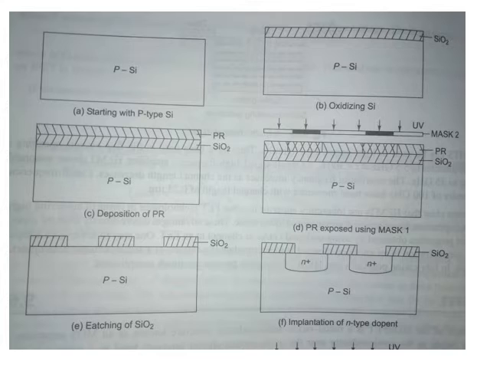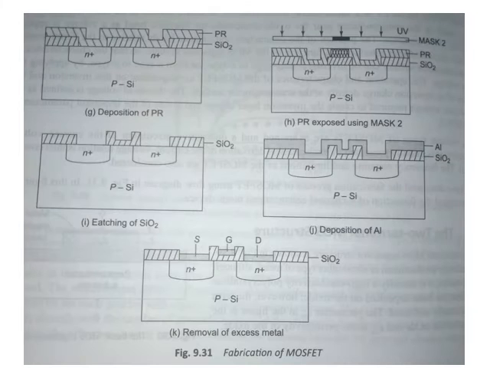After that, etching, then implantation of N plus materials. After that, again photoresist, followed by masking and etching, and deposition of aluminium. Removal of aluminium from the unwanted places, taking out the terminals. These were the different steps involved in fabrication of MOSFET.